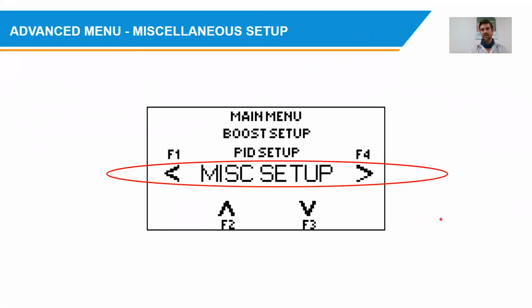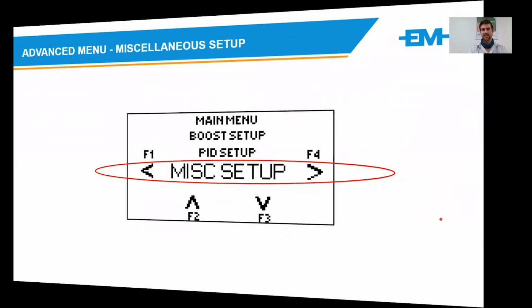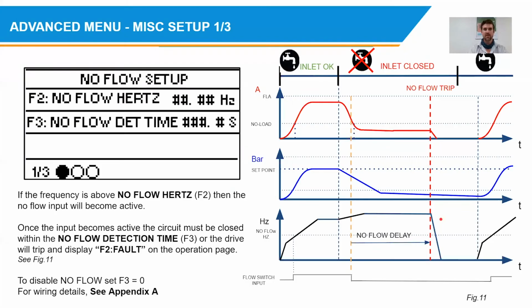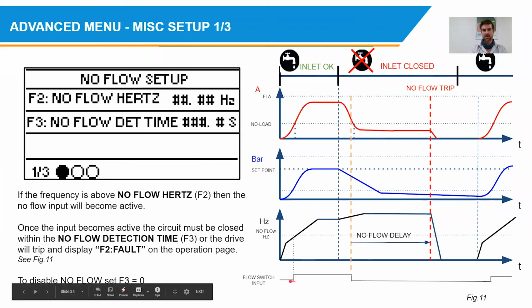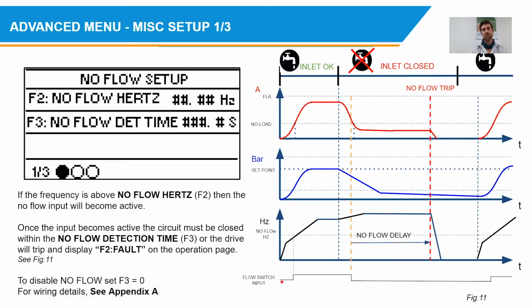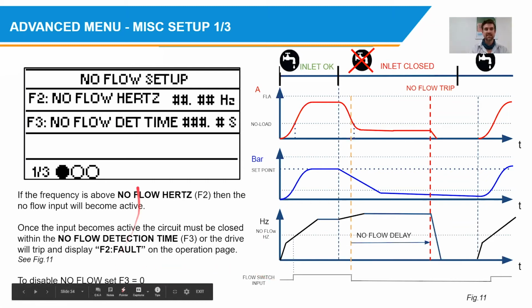And then last in the advanced menu, we've got the miscellaneous setup. Here we've got a no flow detection through a digital switch. So if you have a digital paddle or an inline flow switch that you would like to use for no flow detection, you can enable it over here. So any setting that is above 0 will enable this no flow detection.